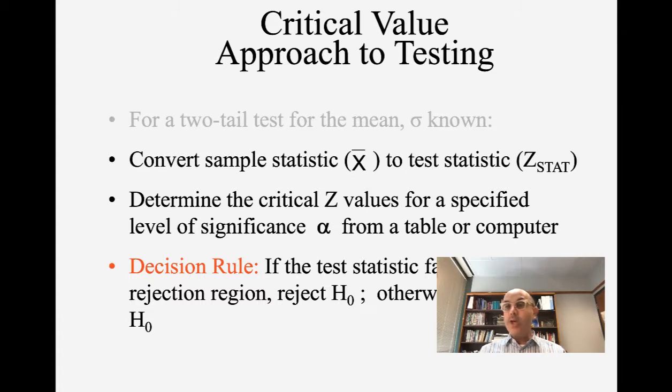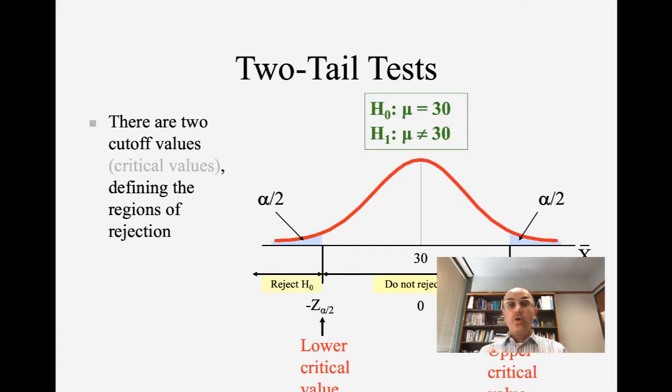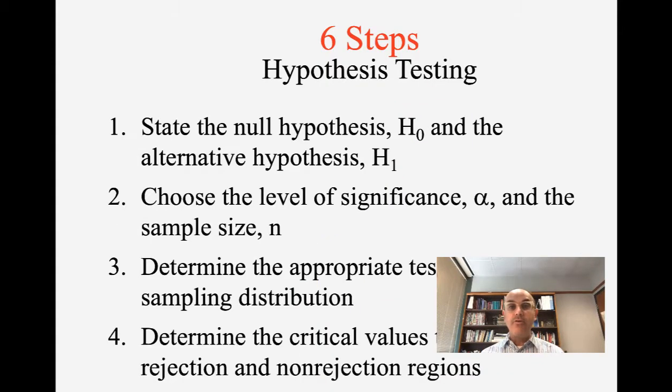And there is a decision rule: if a test falls into the rejection region, we reject; otherwise we do not reject the null hypothesis, and that's a general rule. With two tails, again, this is where we test to show where the evidence lies in order to determine the rejection.